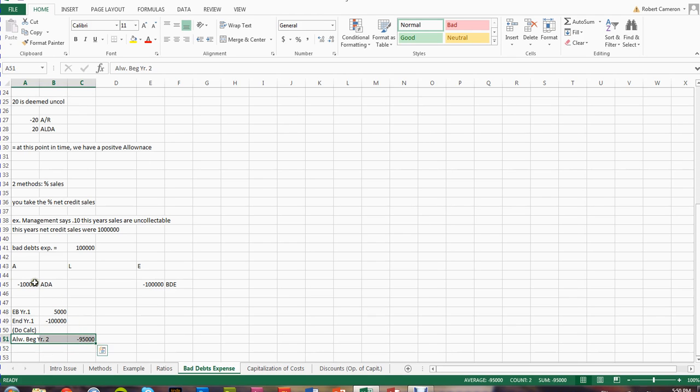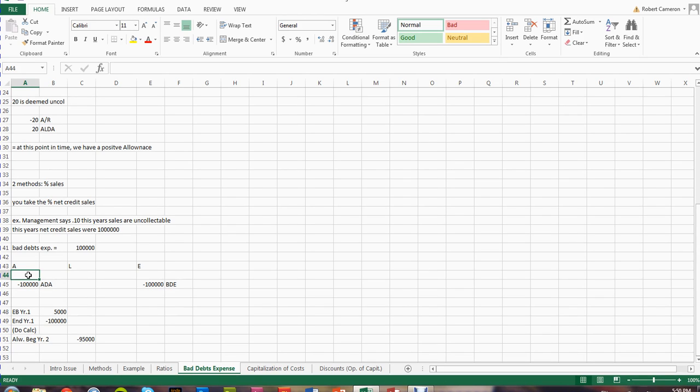Again, all you're doing when you're figuring out what your bad debts expense is going to be is saying, what's percent times net credit sales, $100,000. This is the entry, and we don't adjust for how much we have in the allowance account prior. It could be that at the end of year one we had some number in our allowance account.